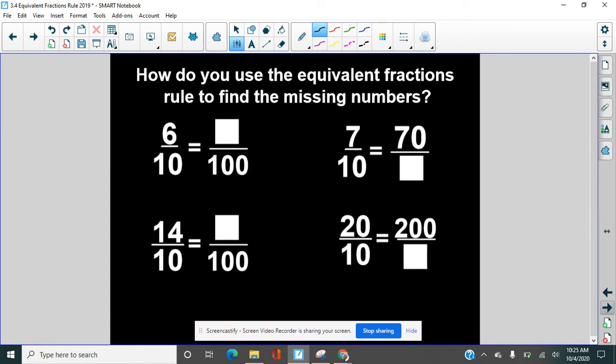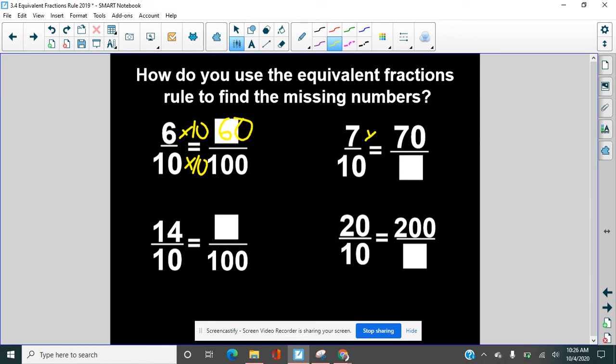Now we can also use this to find missing numbers. Let's say that we have something here, and we don't know one of the numerators or the denominators, but we do know one of them. So look here, right? I can think 10 times something equals 100. Well, 10 times 10 equals 100. So if 10 times 10 equals 100, then I have to do times 10 on the top also. My answer would be 60.